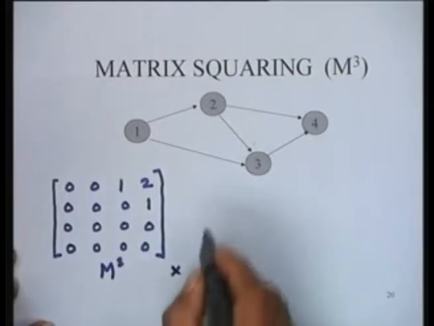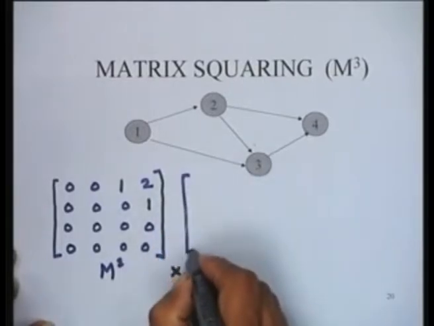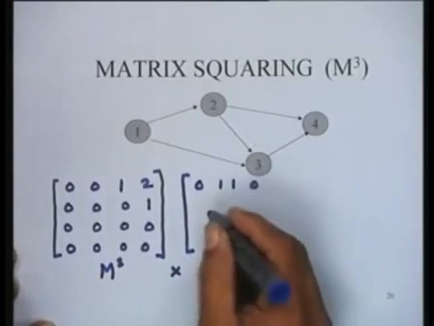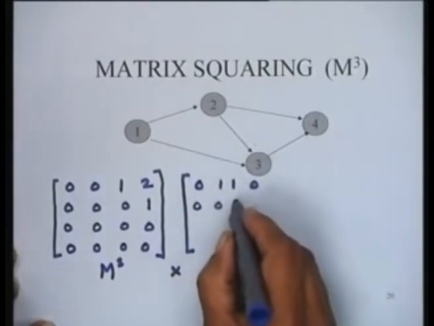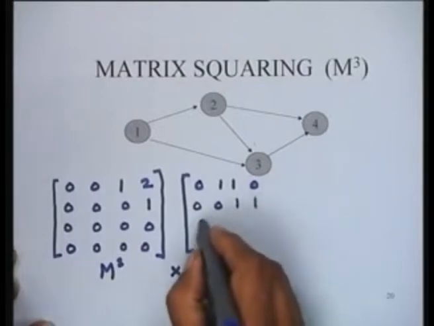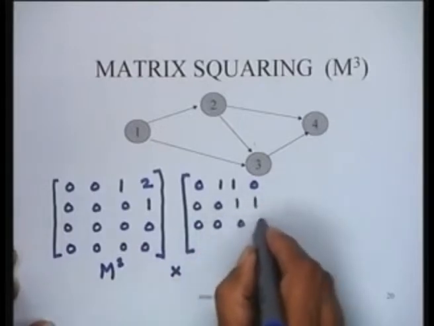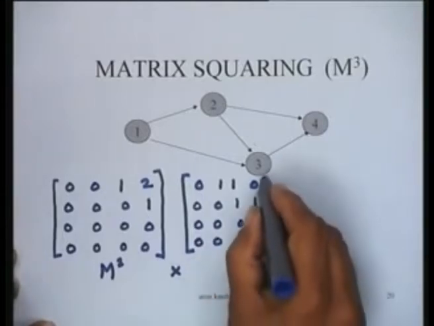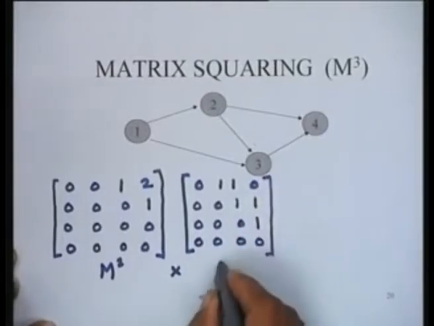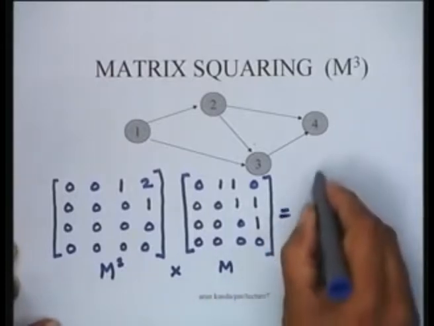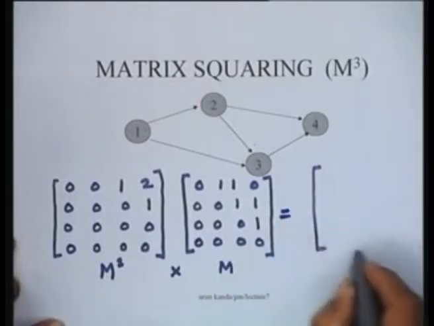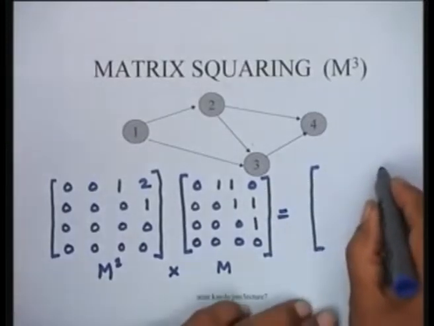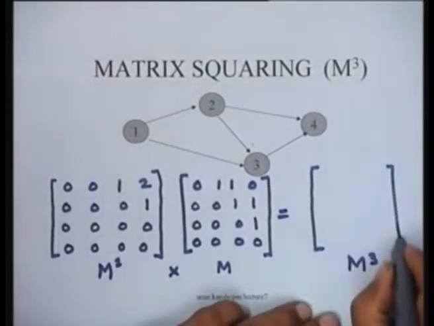Let's multiply this with M. The value of M is 0, 1, 1, 0, 0, 0, 1, 1, 0, 0, 0, 1 and 0, 0, 0, 0. This was the value of M. So on multiplication I would be getting the value of M cube. So let us try to generate the values of M cube.